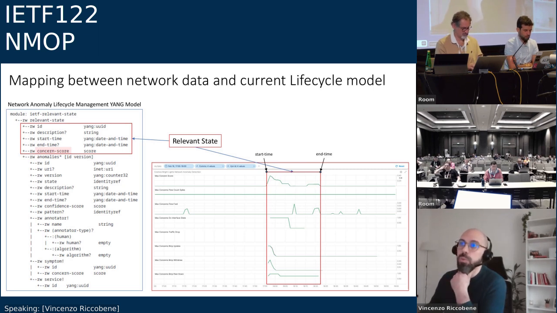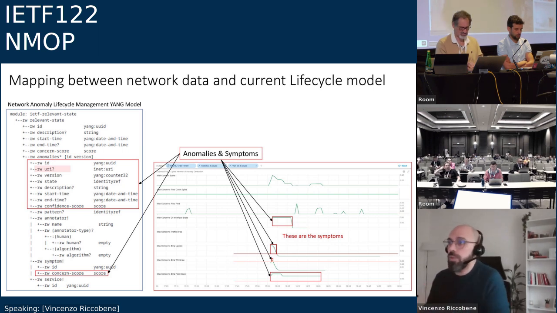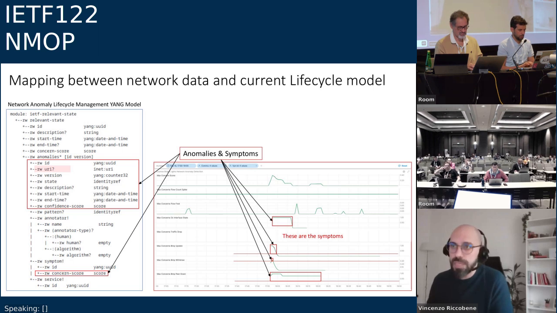As I was mentioning before, we added a global concern score, the line on the top of this diagram, which was missing in the model. And then we have a bunch of symptoms that you can see in the red squares in this slide, and each of them is represented as an item inside the anomaly list that you can see in the model on the left side of the slide.